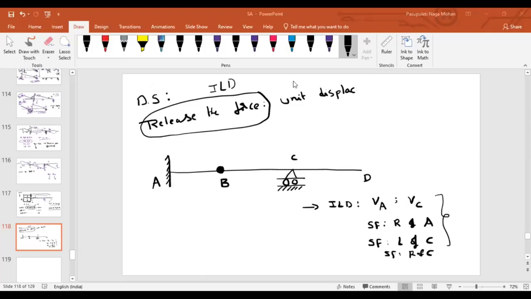Shear force at the right of C, sir. Right of C, yes. So vertical reaction at A, vertical reaction at C, shear force at right of A, then shear force at left of C and right of C. Yes, right. That makes 1, 2, 3, 4, 5, then it will be much clearer.